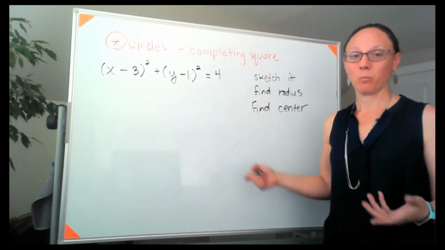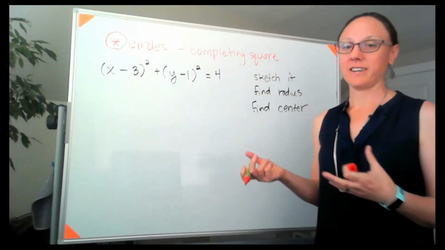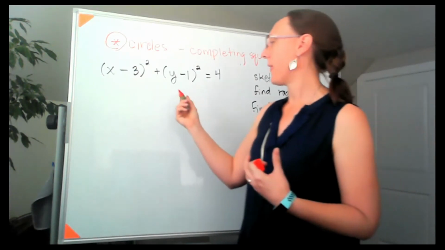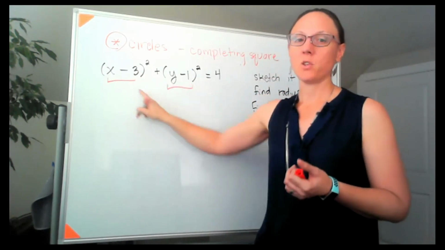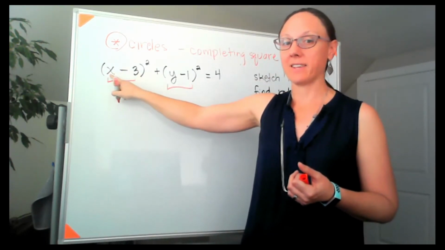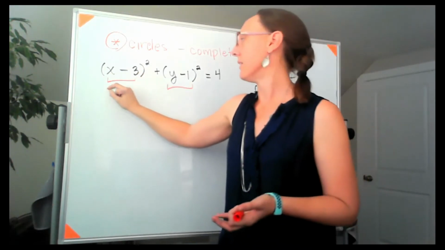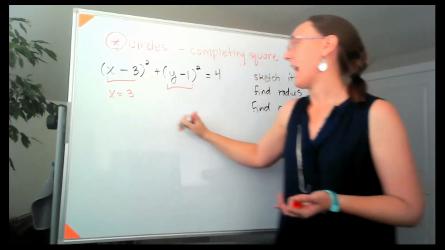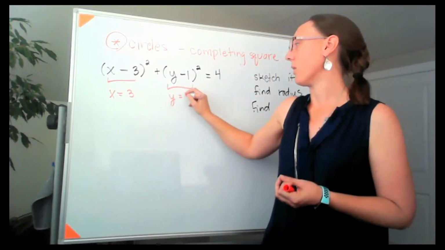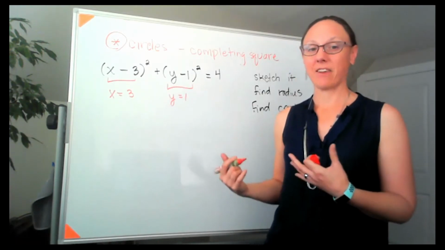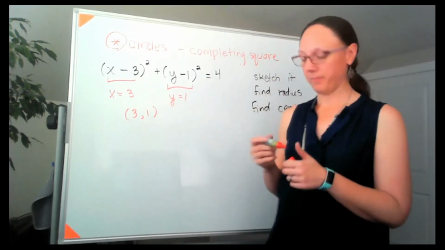The center is whatever coordinate makes these two pieces go to 0. What value do I have to plug in for x to make x minus 3 equal to 0? I've got to plug in 3. And the value of y that makes y minus 1 go to 0 is 1. So the center of my circle is at the coordinate (3, 1).